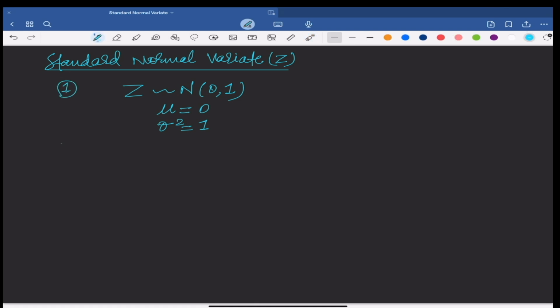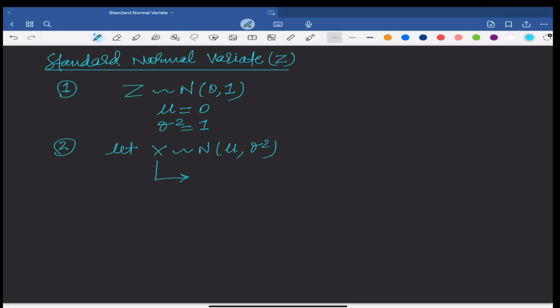Now the second thing here, let us understand it. Let's suppose I have a random variable x which is Gaussian with a mean of mu and a variance of sigma square. Let us assume I sampled some points from this distribution, and let us assume that this x is my petal length.